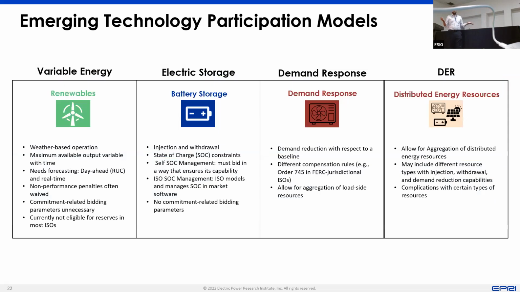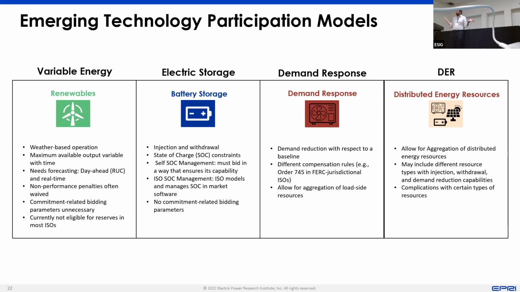So other technologies have participation models as well. So variable energy resources, of course, have weather-based operation. They use forecasts as input. They have different treatment in how they're used in the day-ahead market and where forecasts are used in the day-ahead market.